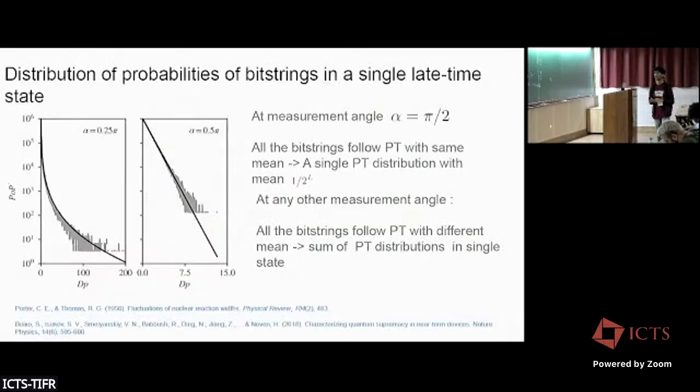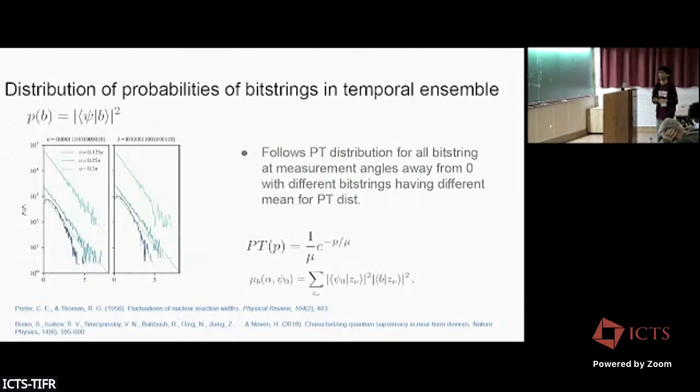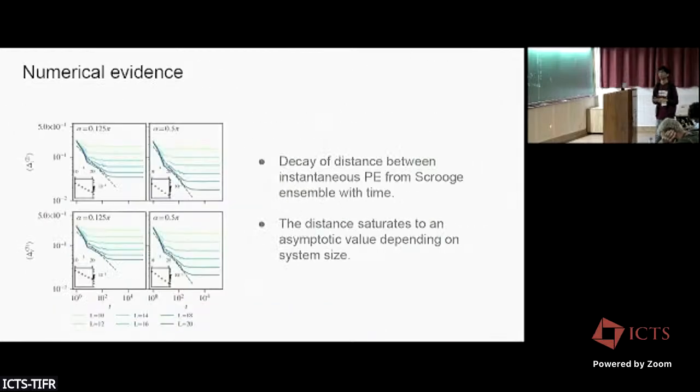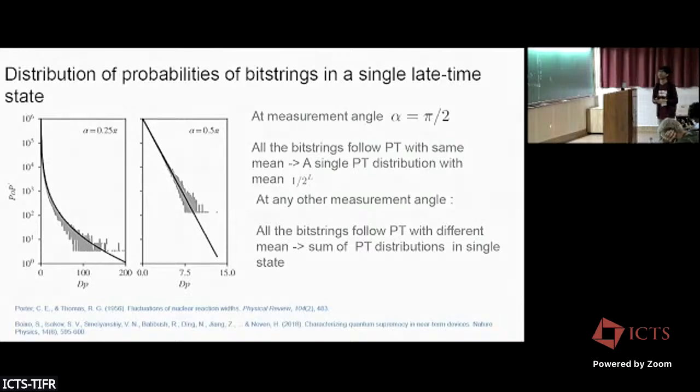Okay. So these are the principal findings: the Porter-Thomas distribution occurs in the temporal ensemble for measurement angles which are away from z-axis measurement. And for a single late-time evolved state, a Poisson distribution exactly emerges for alpha equal to 0.5 pi with a mean of 1/2 to the power L. For other measurement angles, we get a sum over multiple Poisson distributions.